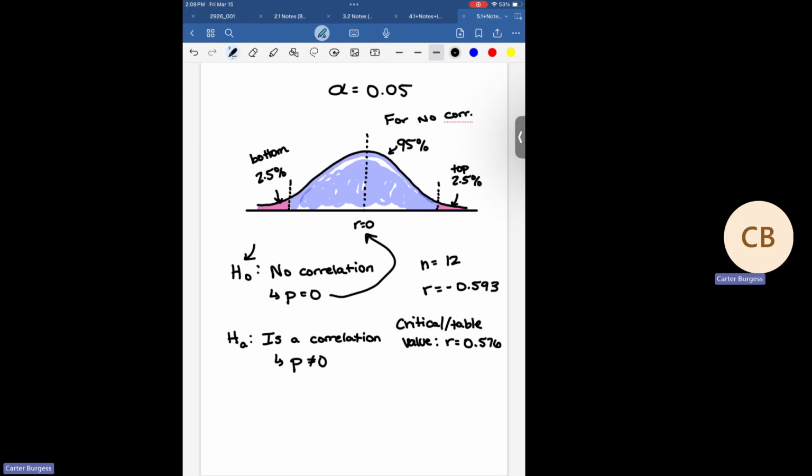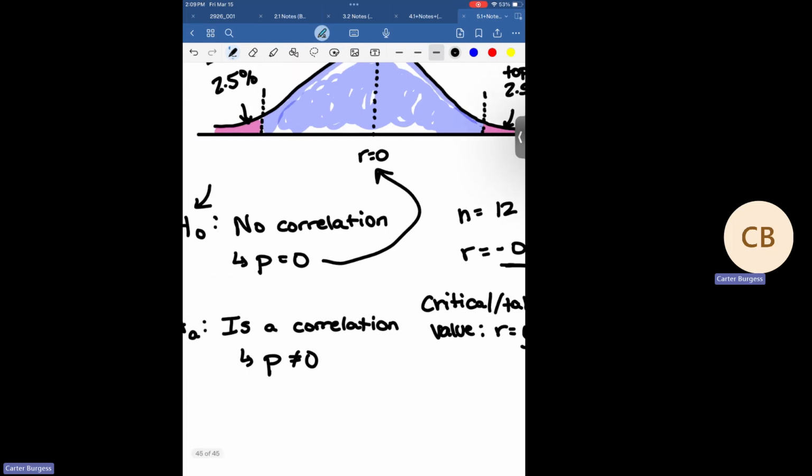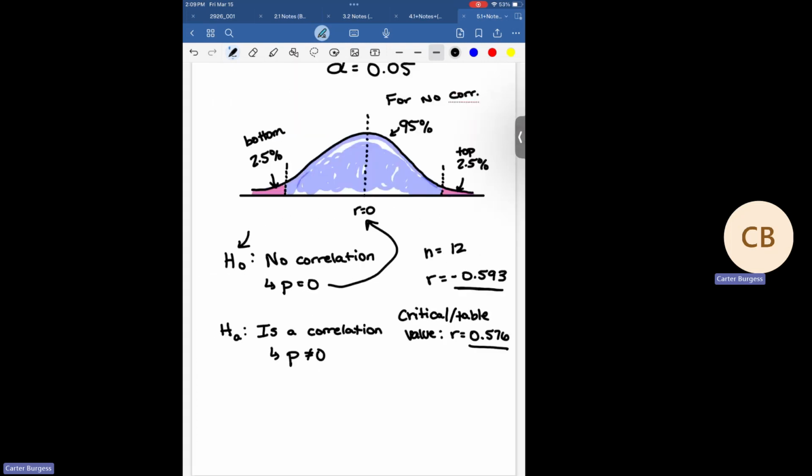We generally assume that the null hypothesis is true. And what we're saying here is that we have found an R value that beats the R value threshold that we are setting. If we were to put R values to this normal curve, seeing an R value of 0.576 in this table, think of that as almost like a Z-score. This would tell us that 95% of the data lives between negative 0.576 and positive 0.576. And so where does negative 0.593 live?